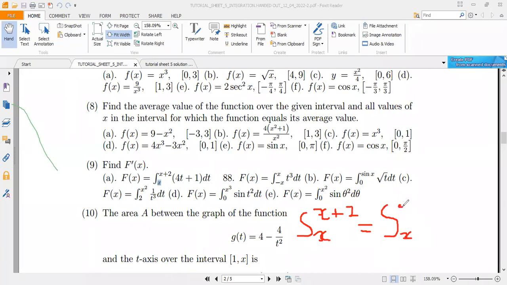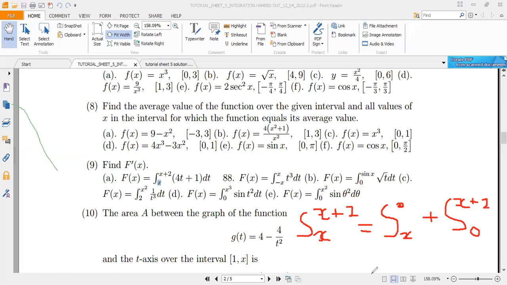We introduce a 0 there, a constant. It's like we're dividing it into half, having a middle guy. Just picture it that way. Plus the integral of 0 all the way to x plus 2 there. So you have that part.